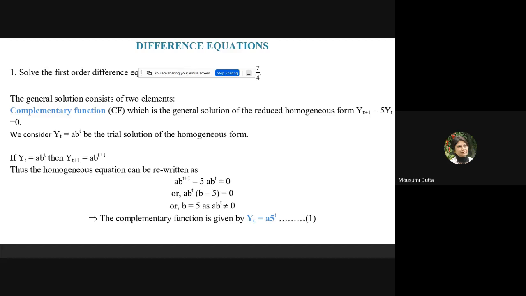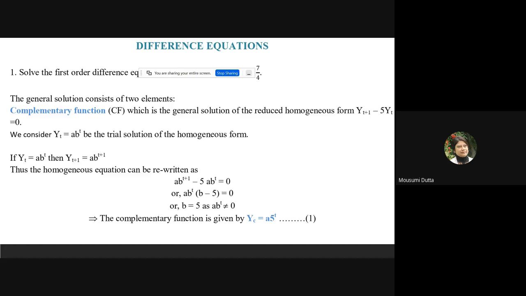lag. Okay, so if there is a lag adjustment within one period, in that case, we will call it a first order difference equation. By this time, we have understood our objective is to find out the time path of an economic variable.